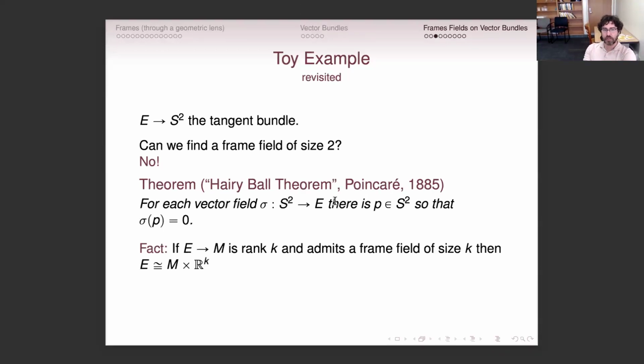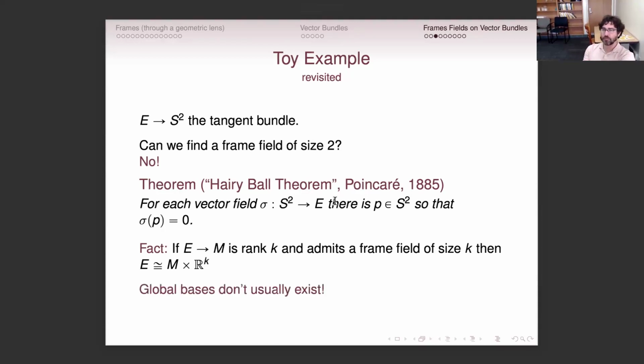In fact, it's not so hard to convince yourself that if you have a rank k vector bundle, then it's going to admit a frame field of size k if and only if the vector bundle is trivial, a product of the downstairs space and a vector space of rank k. So only very simple-minded vector bundles will admit global bases.